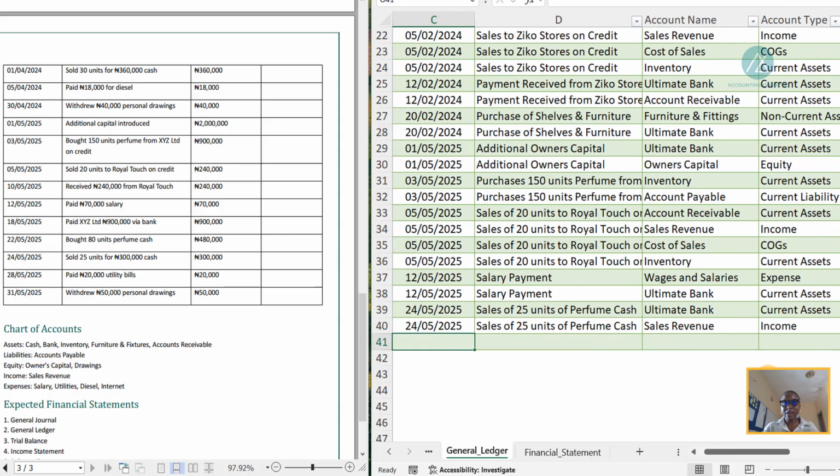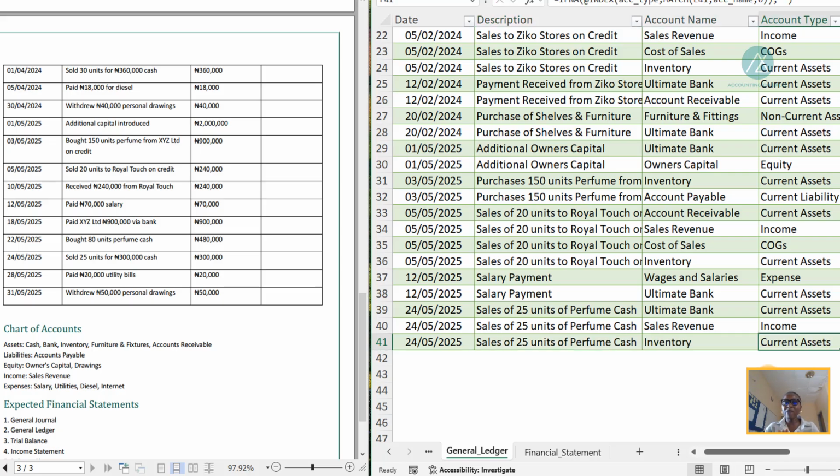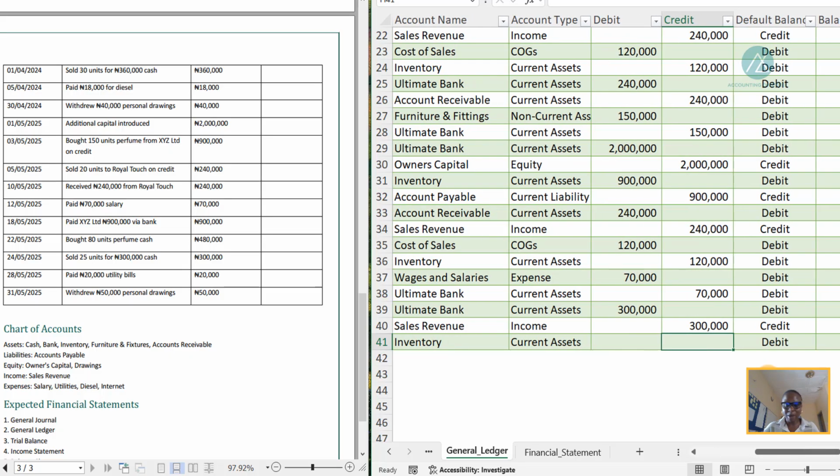Good. Because it's going to affect inventory and cost of sales, we'll still have to capture that element. So inventory. 25 units at 6,000 is 150,000, so inventory is going to reduce by 150,000. Please always know whether the leg is a credit or debit.